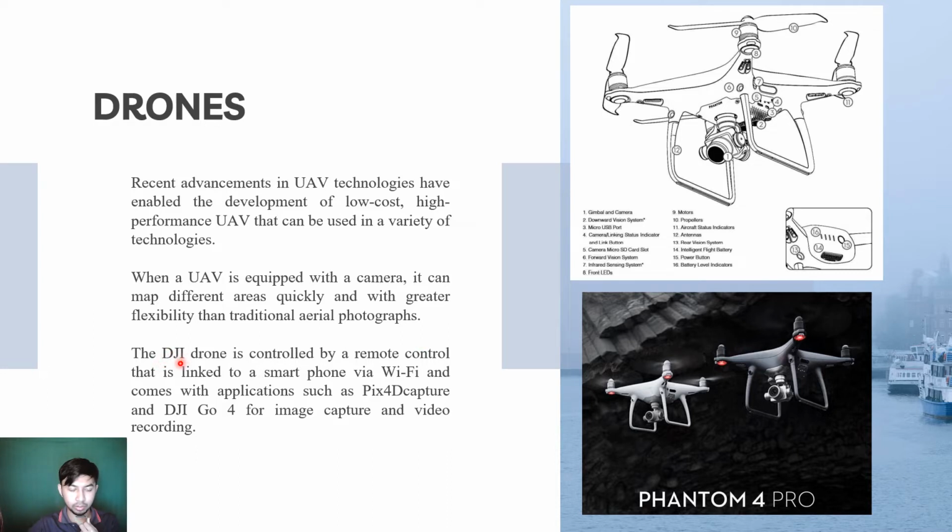The brand that we use, the DJI drone, is controlled by a remote control that is linked to a smartphone via Wi-Fi and comes with applications such as Pix4D Capture and DJI Go for image capture and video recording. The method that we use to process the images is Pix4D.